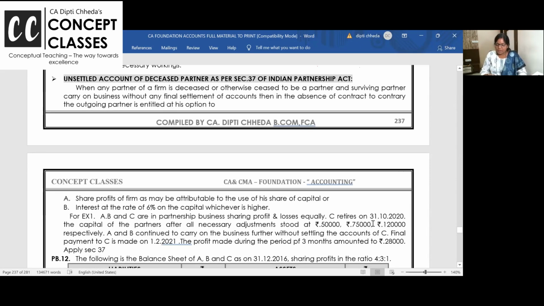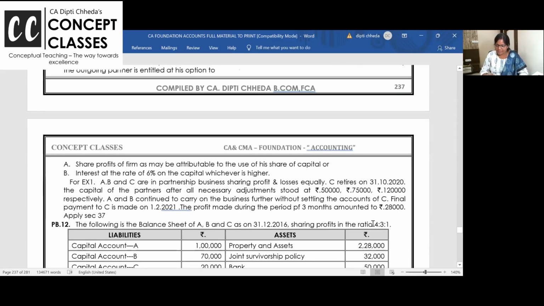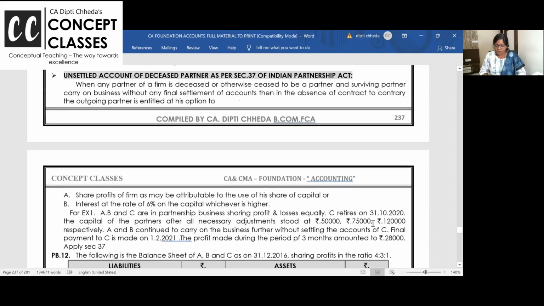When a partner of the firm is deceased and surviving partners carry on the business without settling the account of the deceased partner, are they using his capital? Answer is yes. Can he demand profit after he is deceased? No, because he is no longer a partner. But can he demand profit in the ratio of his capital? Answer is yes.